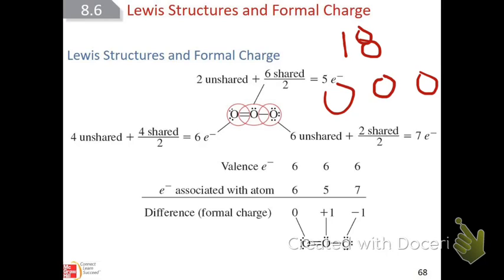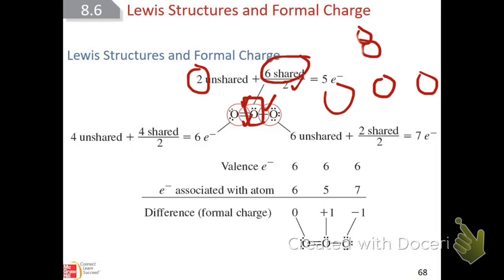We have 2, 4, 6 that are shared, and divide by 2. Then how many are left over are only around the central atom. This oxygen right here is the central one. 2 unshared.